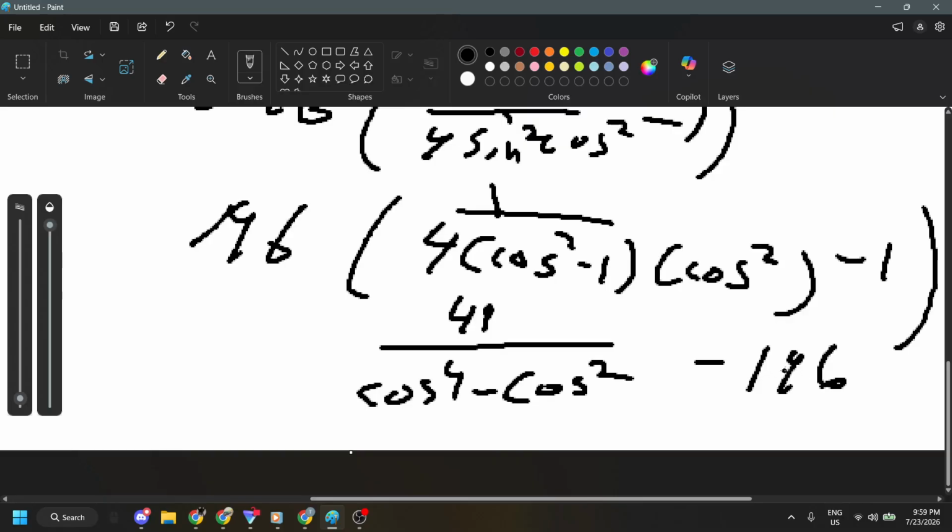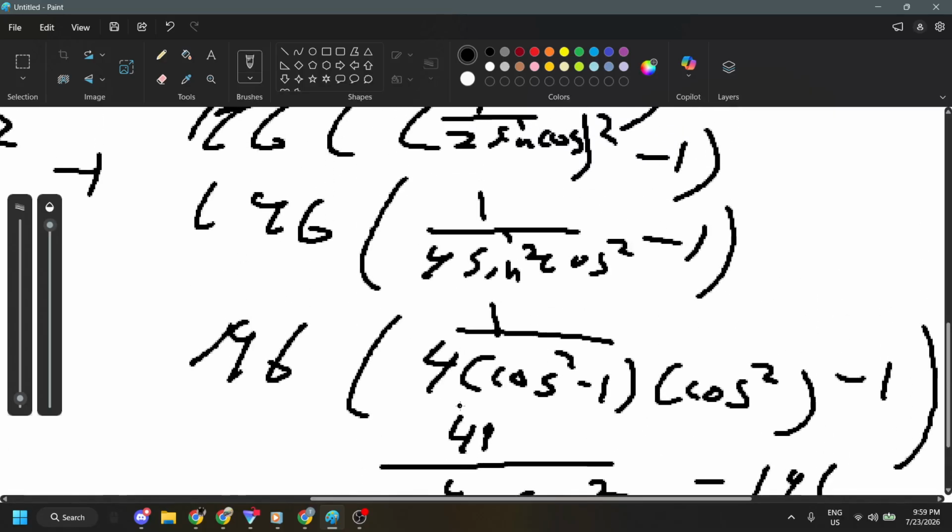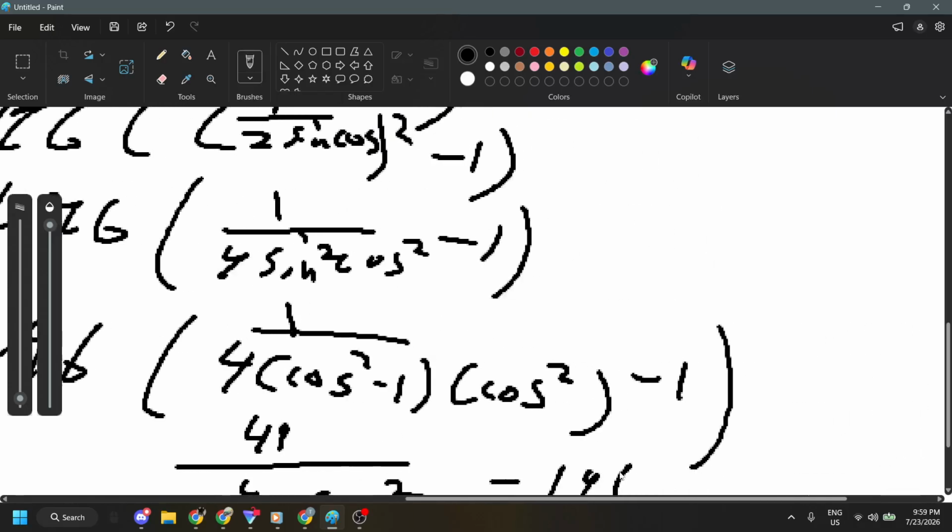Okay. Now what do I do here? What do I do here? Maybe I don't distribute this, because then I get an addition or subtraction.